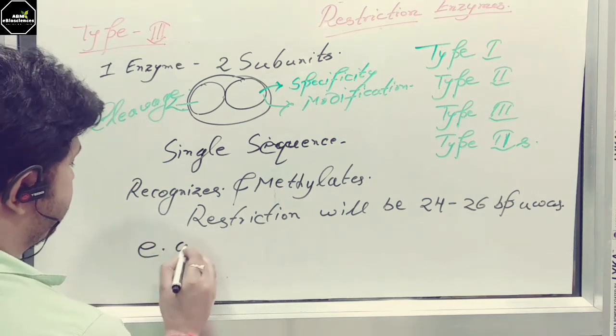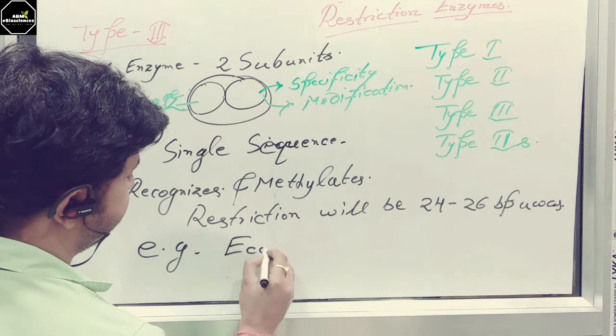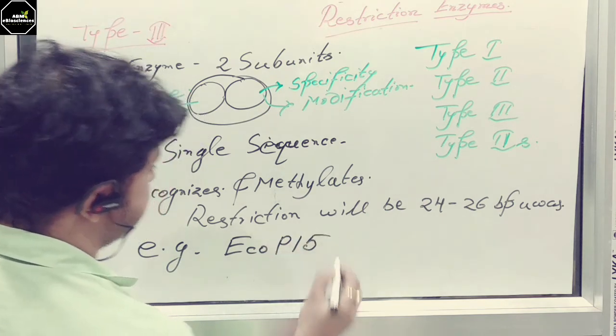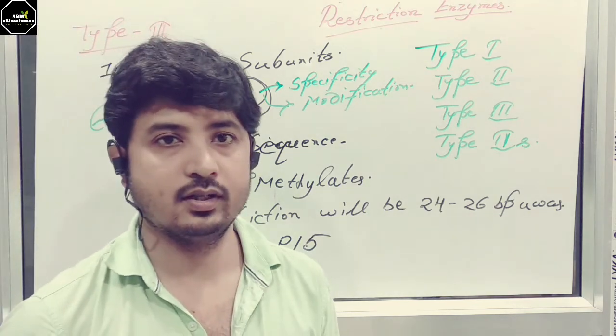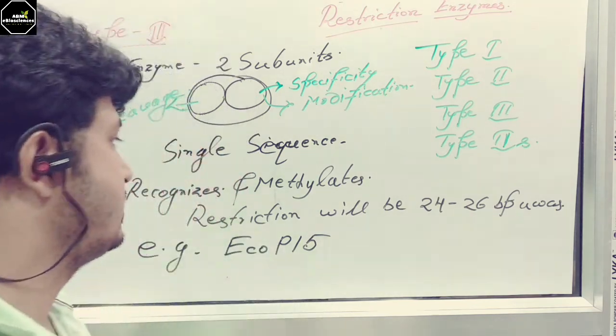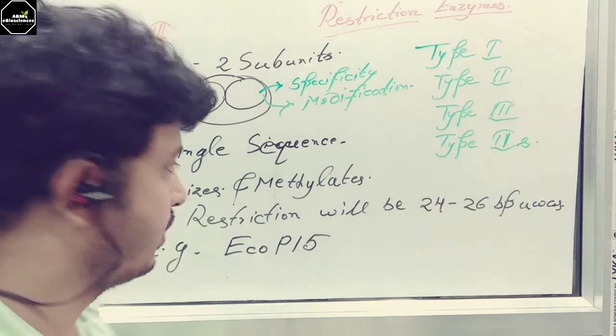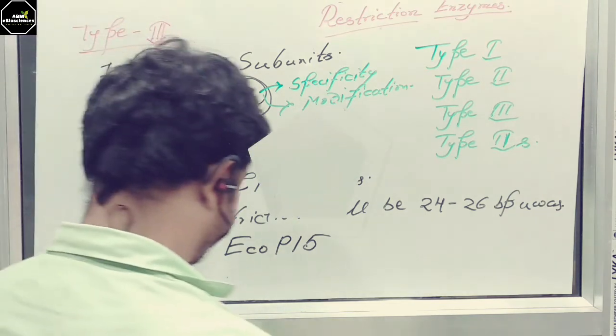So I'll give you an example like EcoP15, which is an example of a type 3 restriction enzyme, which has an important part to play inside E. coli, Escherichia coli.